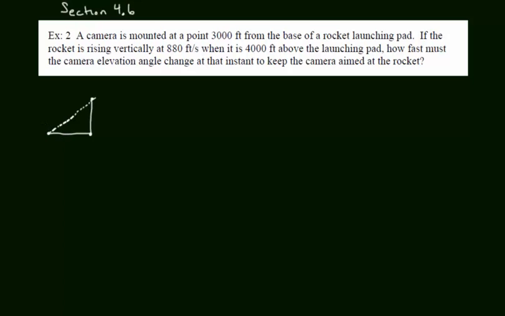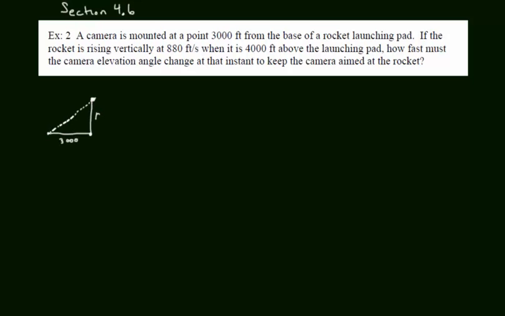All right, so first things first, in our diagram we want to determine what is fixed. Hopefully you can see the fixed distance is the 3,000 from the camera to the launching pad. The distance from the pad to the rocket is not fixed. It will change, so we need to give it a variable name. We could call it y, we could call it h. I'm going to call it r for the rocket.